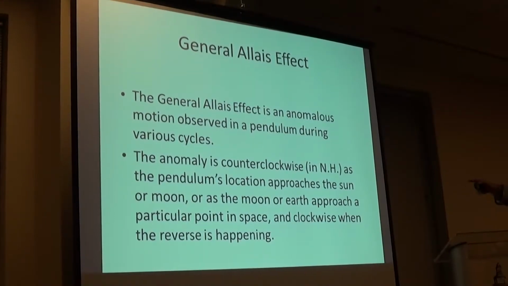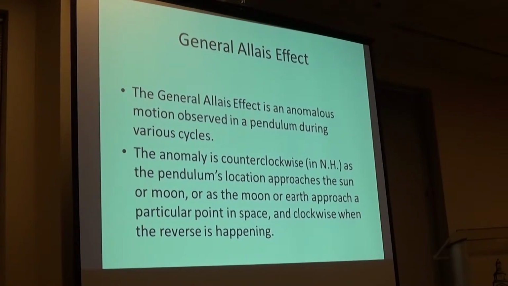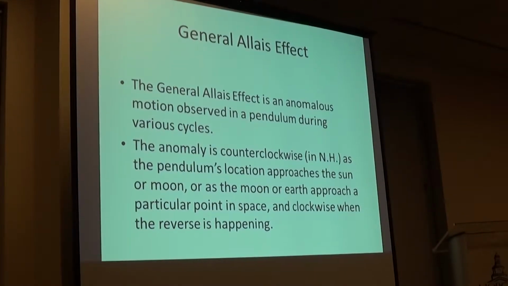And you also get an anomalous precession as the moon or the earth approach a particular point in space, and clockwise when the reverse is happening. That particular point in space, I believe, was fairly close to the vernal equinox.